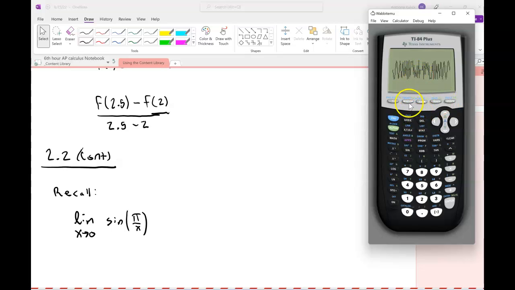I have the axes turned off here. Let's just leave them off, I suppose. Let's do this for a second. I'm going to put this into degree mode real quick and just graph the same thing. Remember, what's the difference between the graph in degree mode versus radian mode?